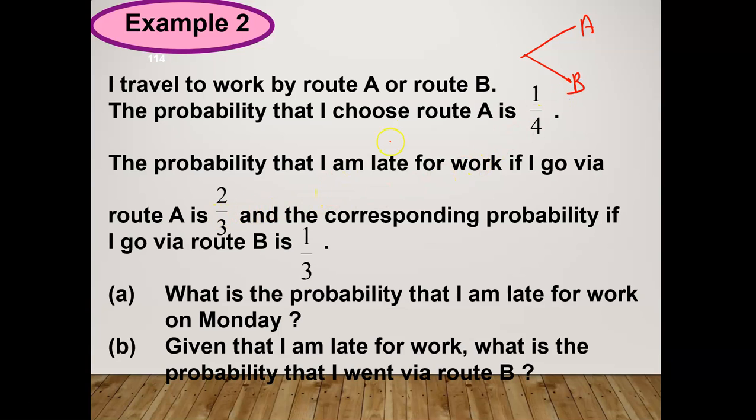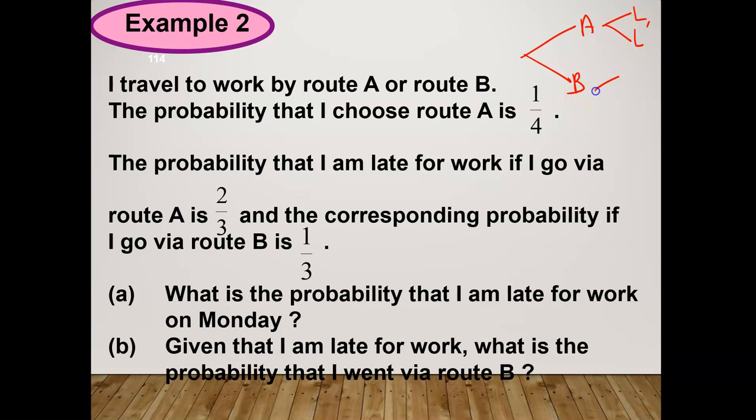Alright, and then after you choose your route, then only the probability of you getting late or not will wujud. Alright, so you choose route A, then only there will be probability of late or you didn't late.